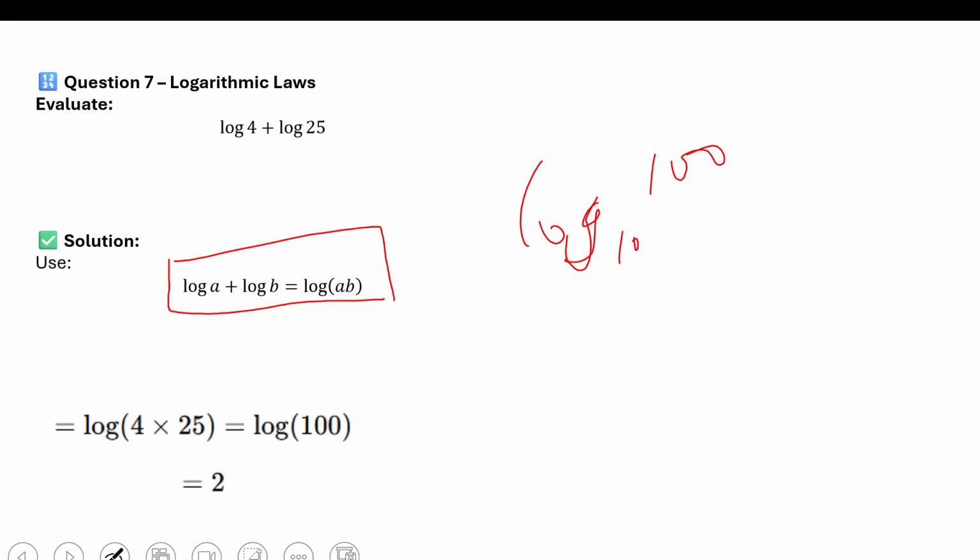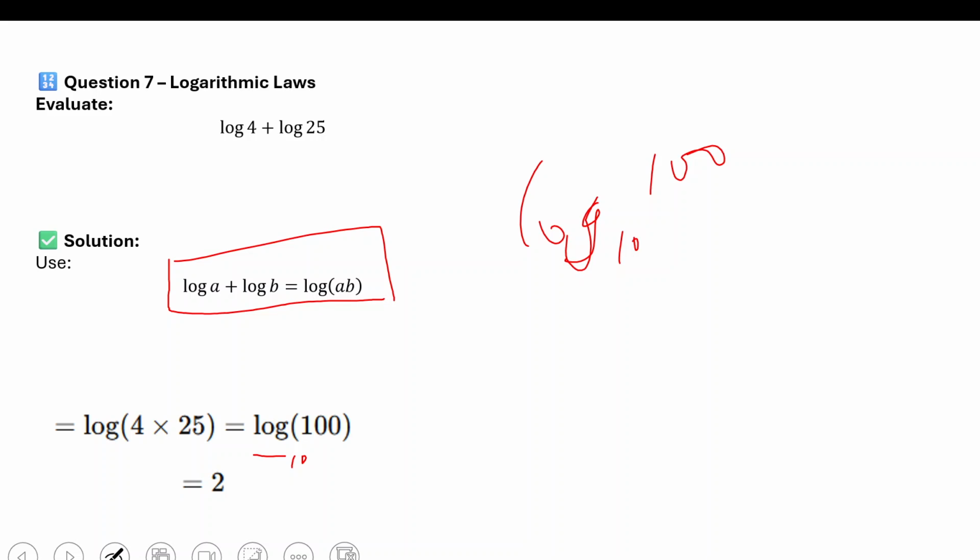By the way, anytime you see log without a base, it means this is base 10. We don't normally write base 10. You can write it, but if you don't see it there, you know it's base 10. If it's any other base, it will be specified: if it's to base 2, it will be specified; if it's to base 3, it will be specified, and so on.